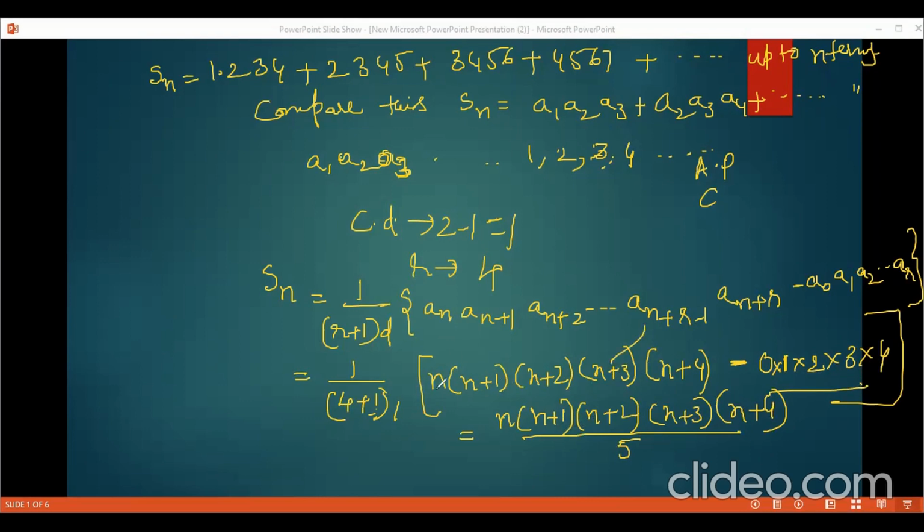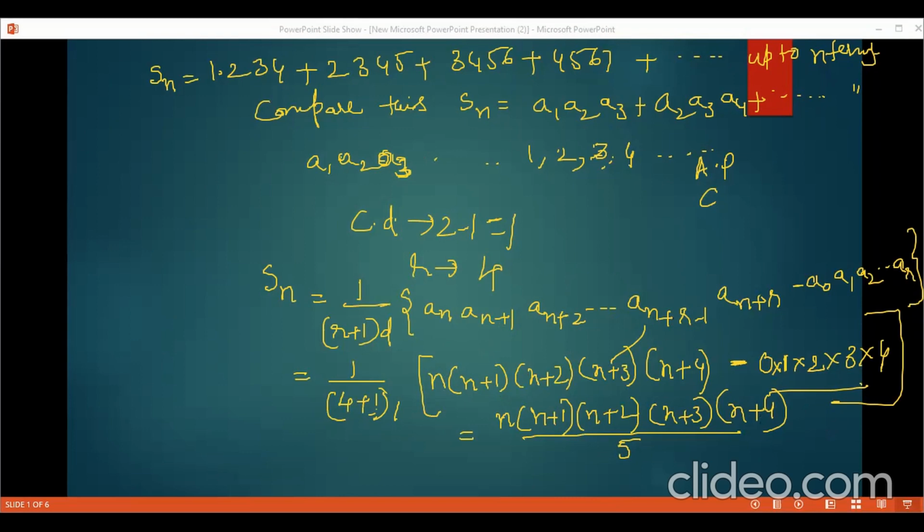Correct? So An is N, An plus 1 is N plus 1. If you go on doing like this, you will get N into N plus 1 into N plus 2. No need of going through all these things, only up to N plus 4. Okay? Got it? Yes. Let us move to the next question.